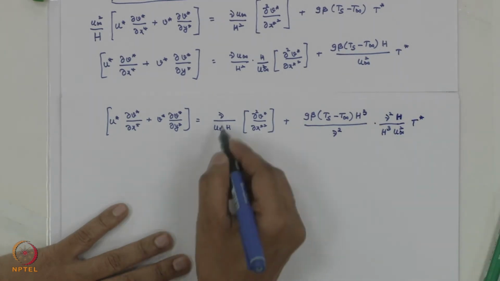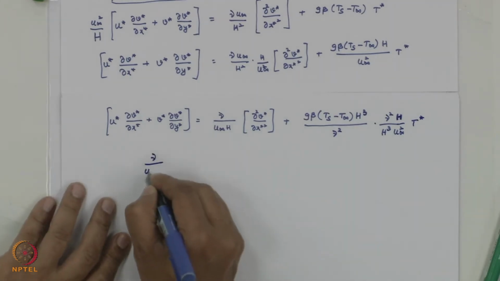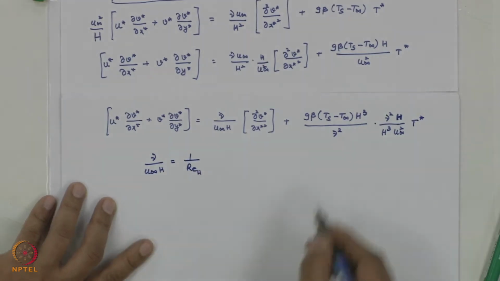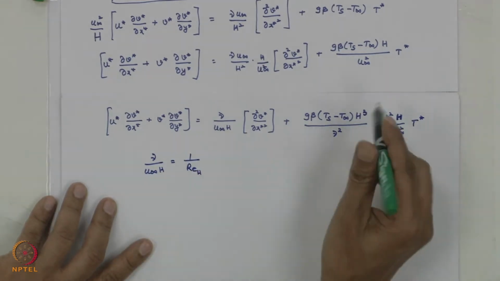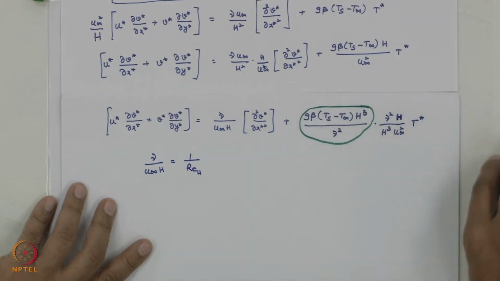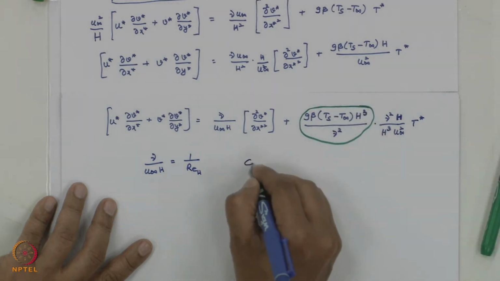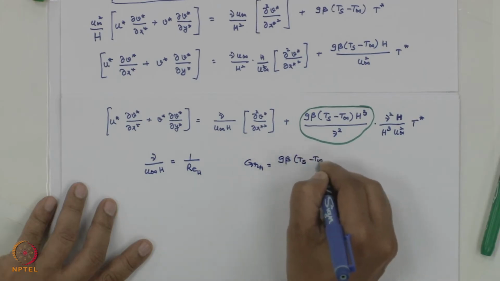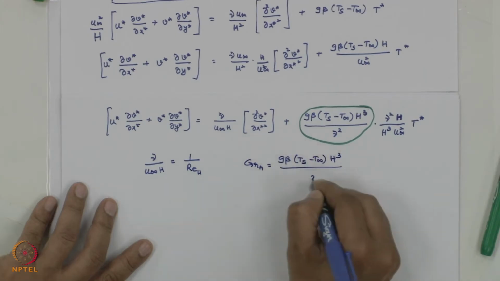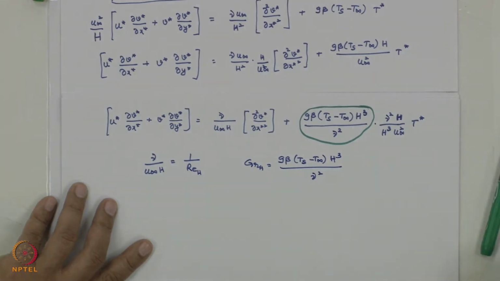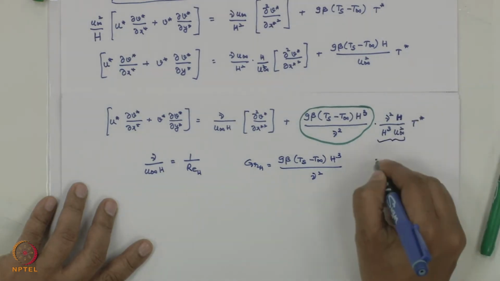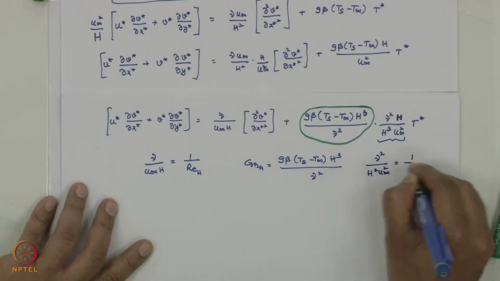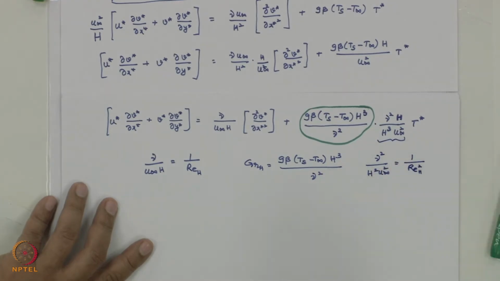So u into t star. Now what is this? Nu by u infinity h is nothing but 1 by REH. Now whole of this is nothing but my Grashof number, GRH equal to g beta (Ts minus T infinity) into h cube divided by nu square. Now what about this? This term is nothing but nu squared by h squared u infinity squared, that is 1 by REH squared.